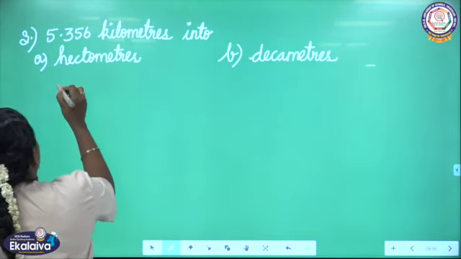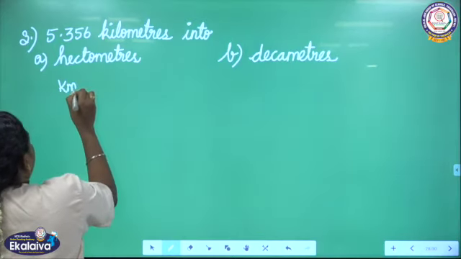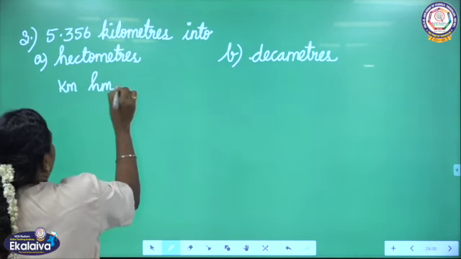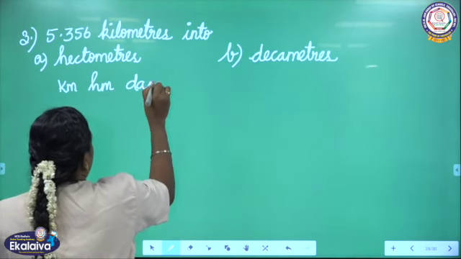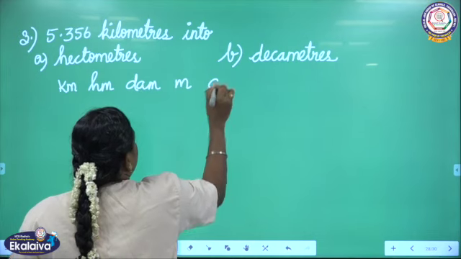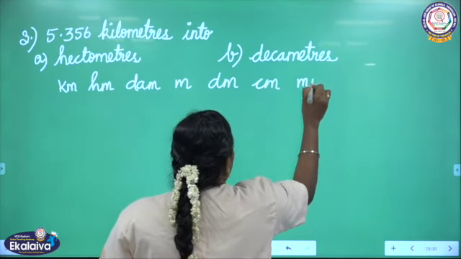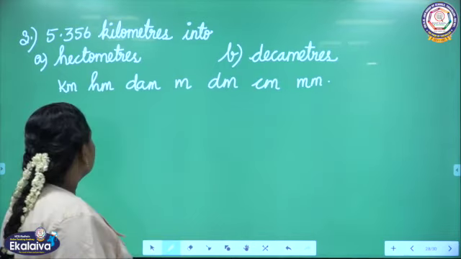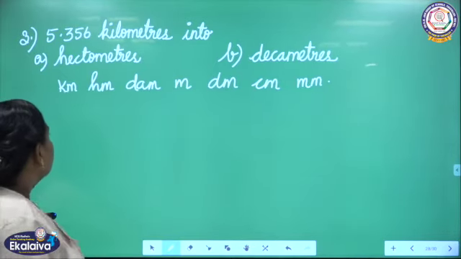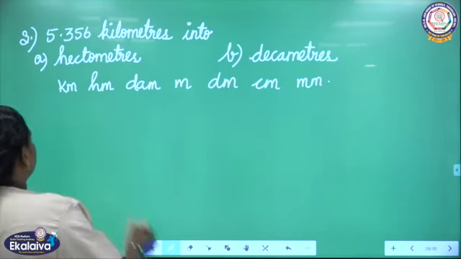So, first we will write kilometer, hectometer, decameter, meter, decimeter, centimeter, then millimeter. They have given in kilometer, we are going to convert into hectometers.